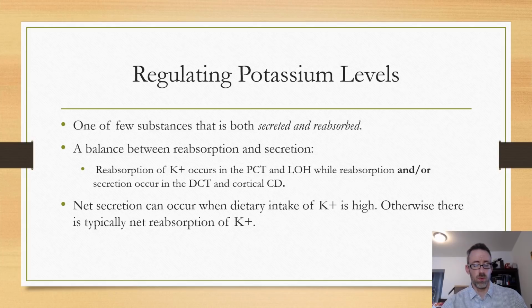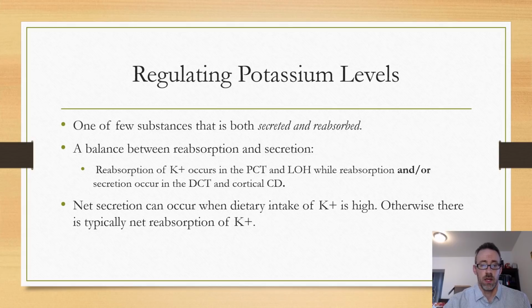So primarily, just like we saw with sodium, potassium gets primarily reabsorbed in the first half of the nephron. What we're going to see is just reabsorption in the proximal convoluted tubule, just reabsorption in the loop of Henle, and the percentages are effectively the same, like 67% in the proximal convoluted tubule and another 25% in the loop of Henle. That's only reabsorption in the first half. But once we get to the distal convoluted tubule and collecting duct, then we can toggle between secretion and reabsorption.